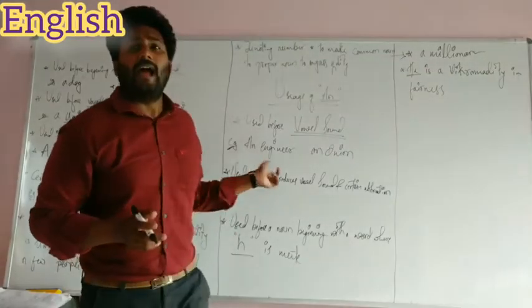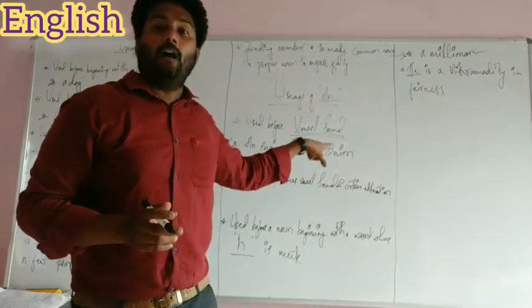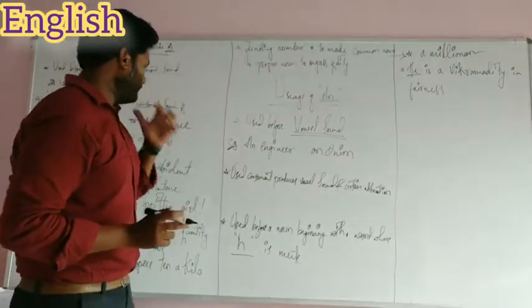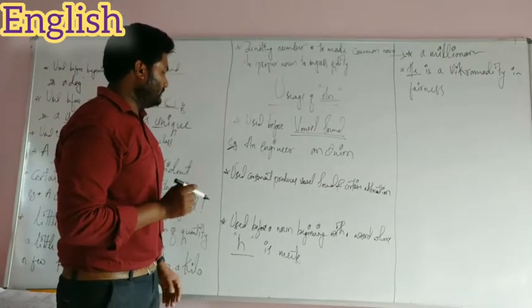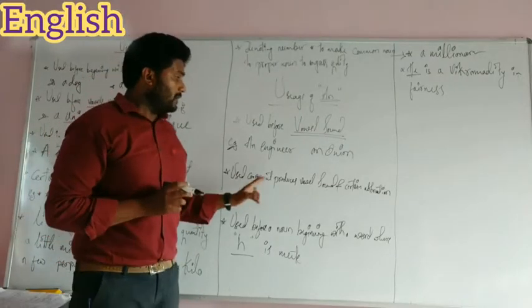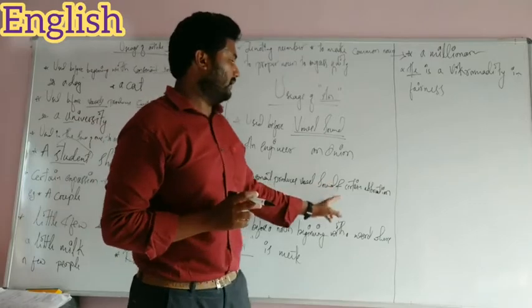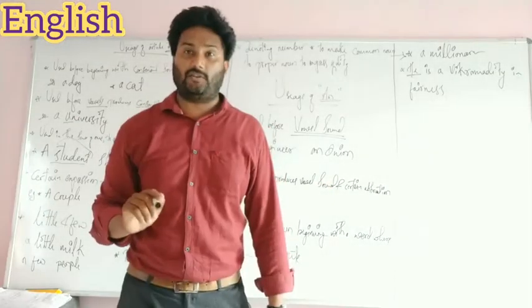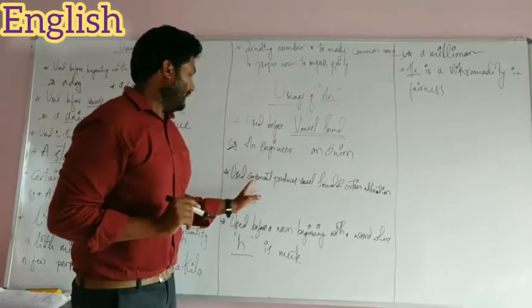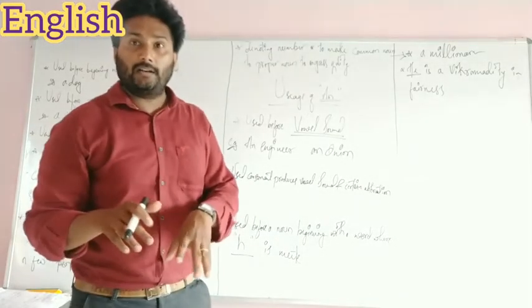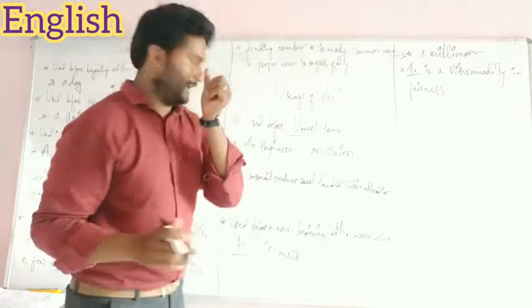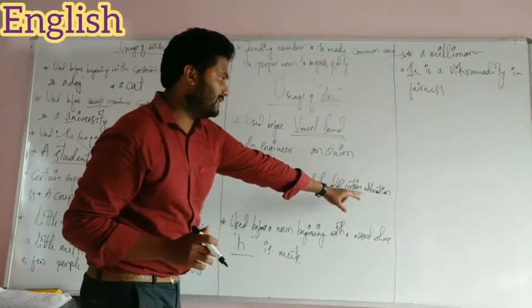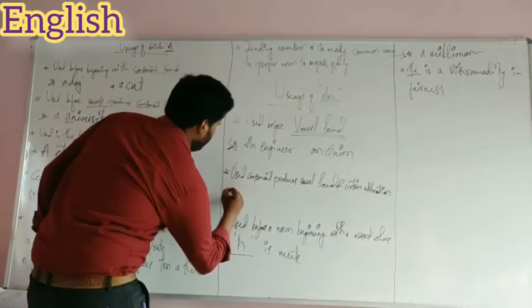Here is the example, an engineer, an onion. See the next one. An is used before a consonant that produces a vowel sound and in certain abbreviations. And it's used in front of a consonant that produces a vowel sound.